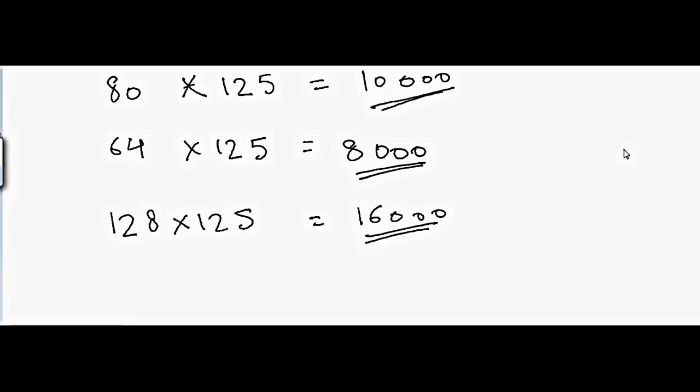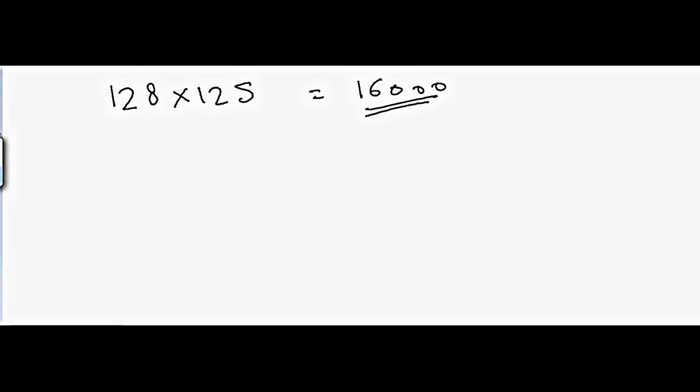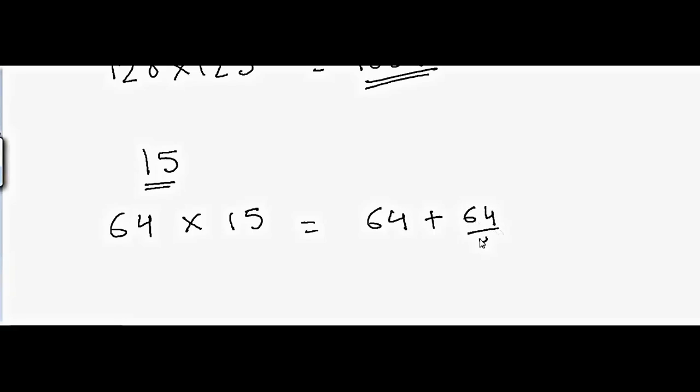Now let's go to multiplication by 15. In the case of 15, this is a little different. Suppose we have 64 and want to multiply it by 15. In this case, I will take 64 and then add 64 divided by 2 to it, and then multiply by 10.